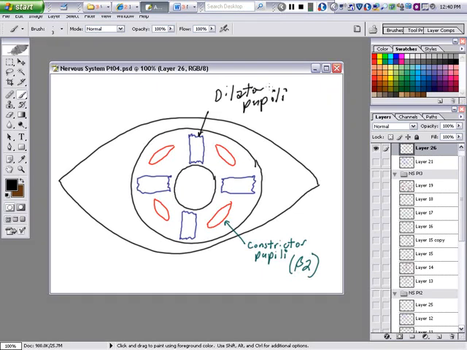So if you want these muscles to contract, do you want to inhibit these muscles or stimulate these muscles, the dilator pupillae? You want to stimulate them. So do you want stimulatory receptors or inhibitory? Stimulatory. There are two types of stimulatory, alpha 1, beta 1. Which one is it going to be? Alpha 1. Very good.